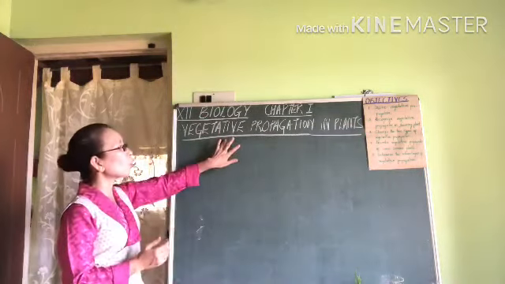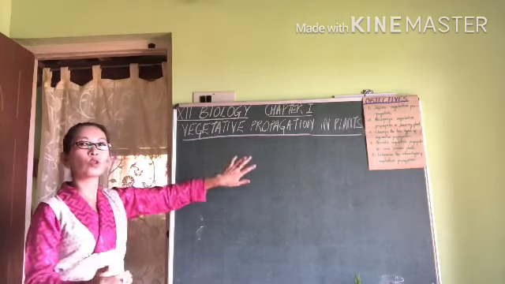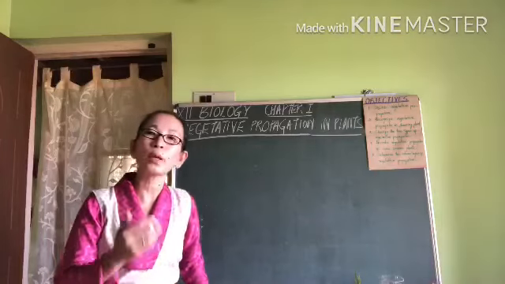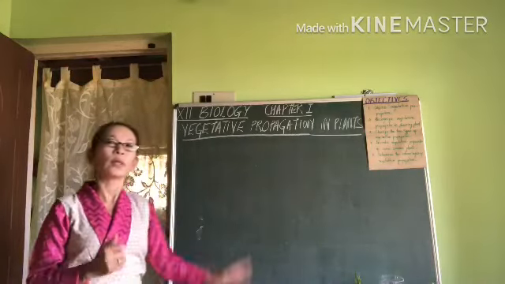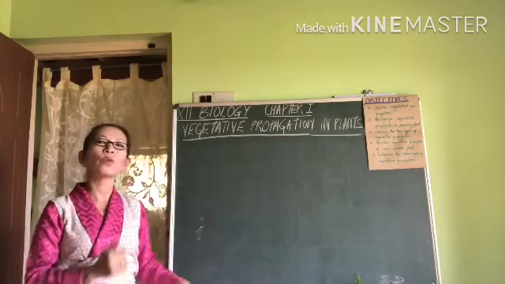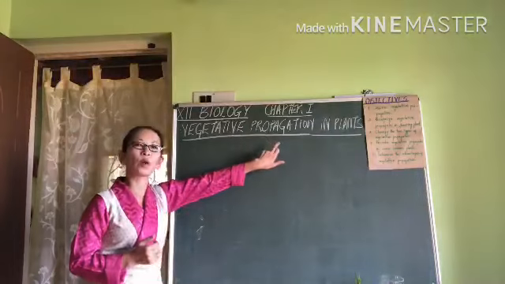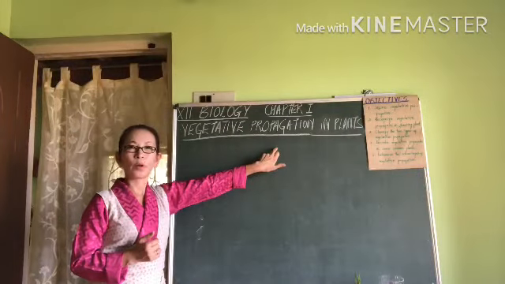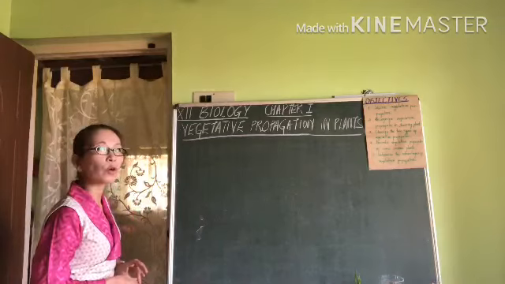Using a non-reproductive part of a plant, we can also grow a new plant, or produce a new plant. And this technique of asexual reproduction in plants is vegetative propagation. All right, so let's have the definition written for vegetative propagation.